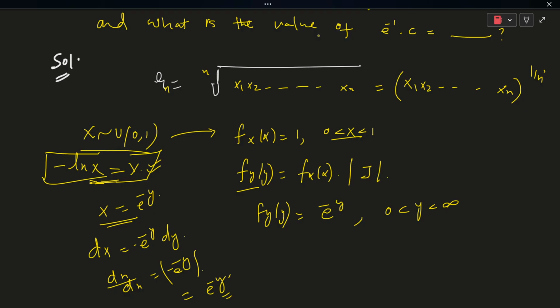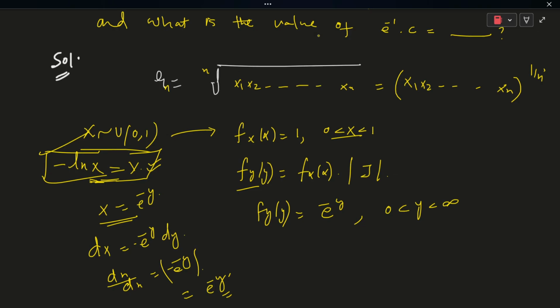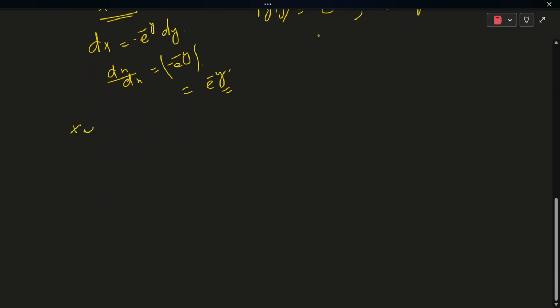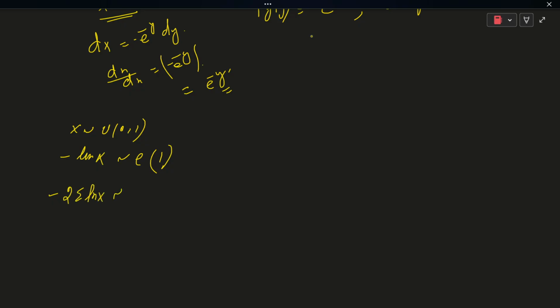So y is from 0 to infinity. So I can write: x follows uniform 0, 1, then minus ln x follows exponential 1. Also from transformation, minus 2 summation ln x will follow chi square 2n.